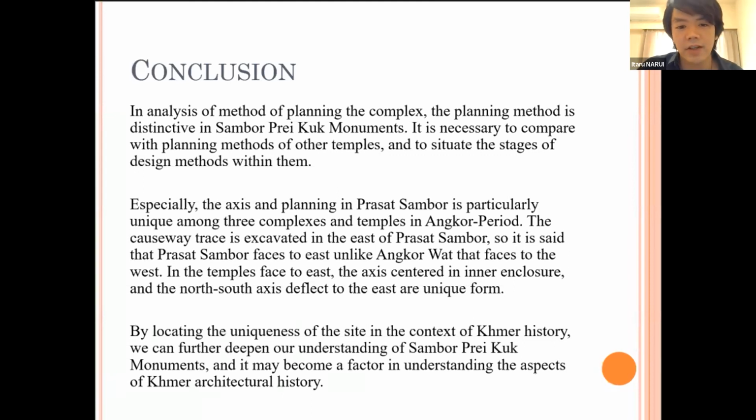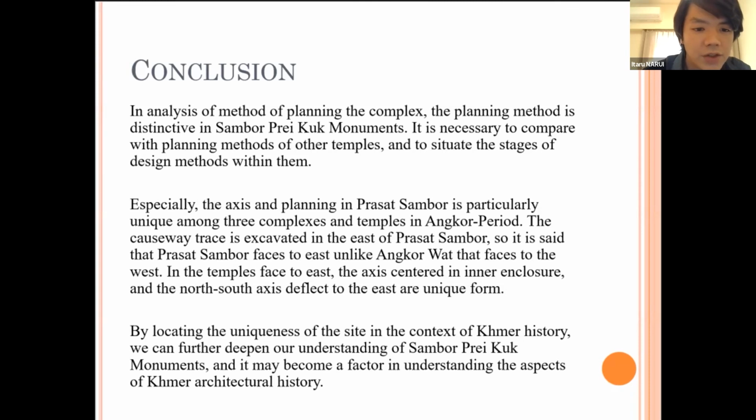It is necessary to compare with the planning methods of other temples and to illustrate the stage of the design method within them. Especially, the axis and planning in Prasat Sambor are particularly unique among the three complexes and temples in the Angkor period.